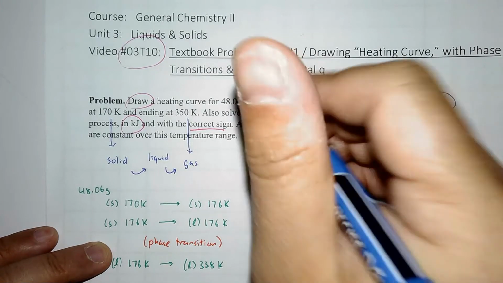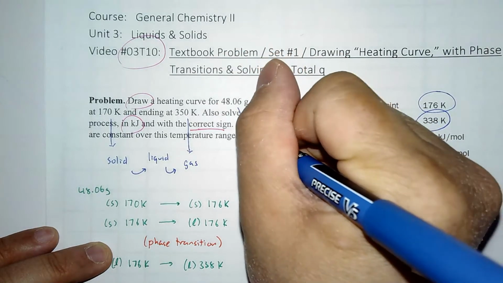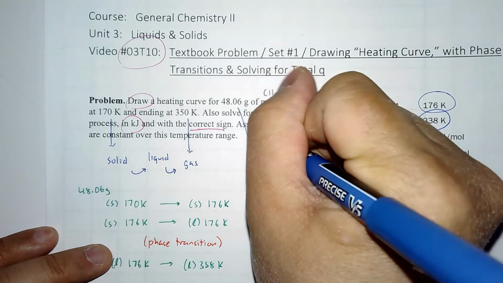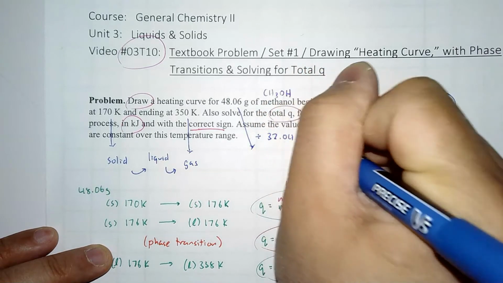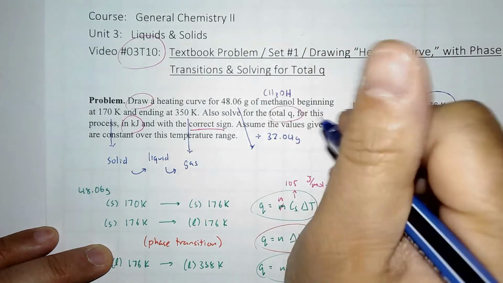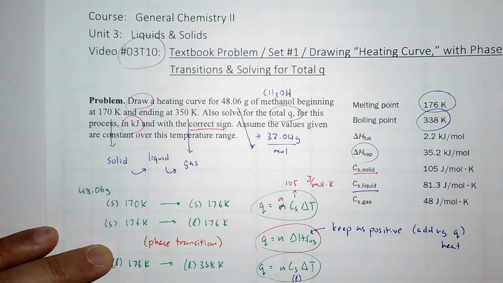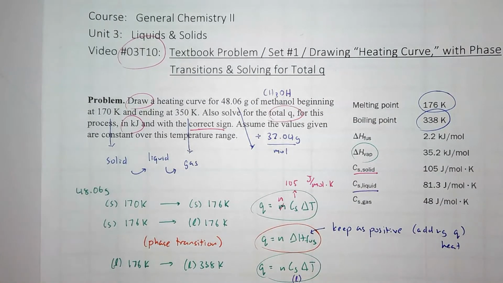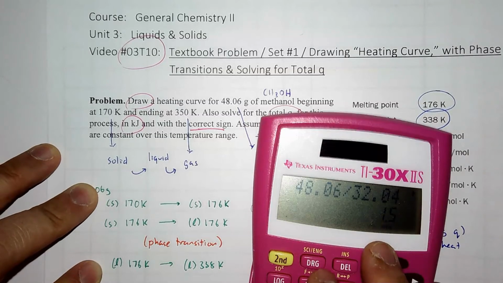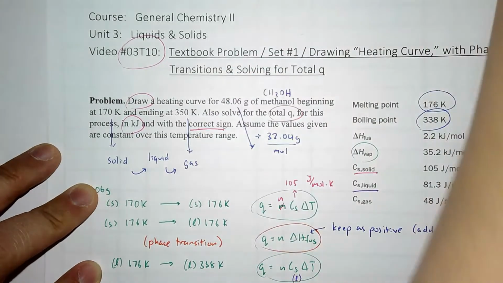We're dividing, right? 48.06 grams divided by 32.04 grams per mole. So when we divide, we'll get the inverse. The moles will be on top. Yeah, that's right. Is this number going to be what? 48.06 divided by 32.04. Oh, 1.5. 1.5 moles.